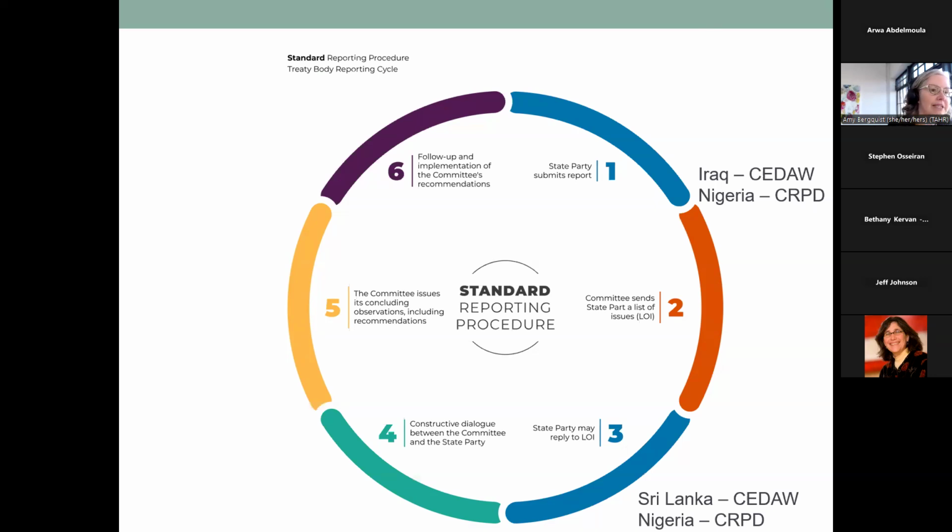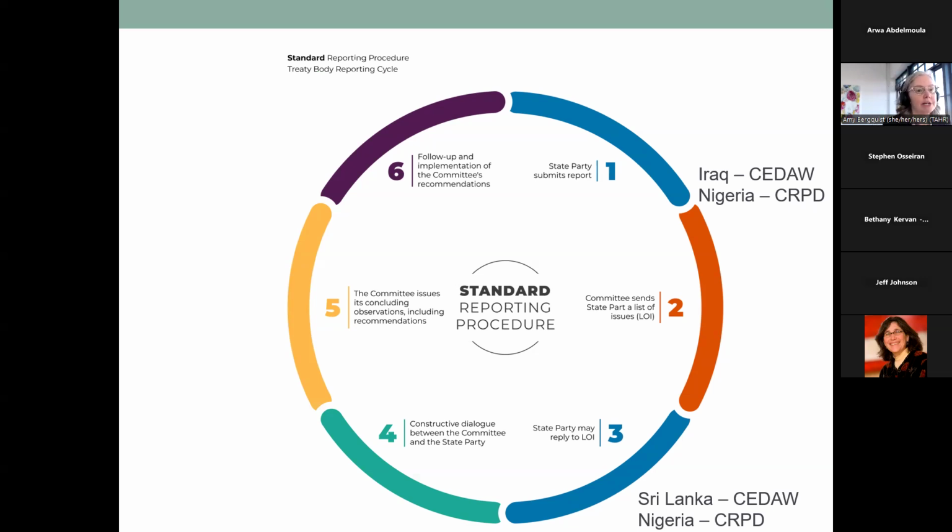The first part of the standard reporting procedure is that the state party, the government, submits its own report. It's like an audit or a self-audit where the government says, okay, here are our treaty obligations. Here's what we've done since the last time we met with you, the treaty body experts. This is all the good stuff we've done. Here's where we've had some struggles. Here's where we're making some improvements, etc.